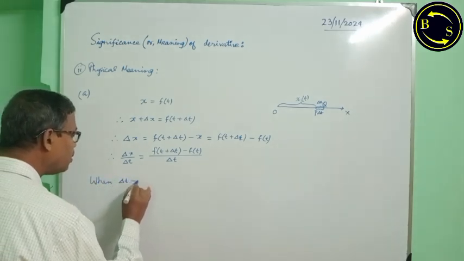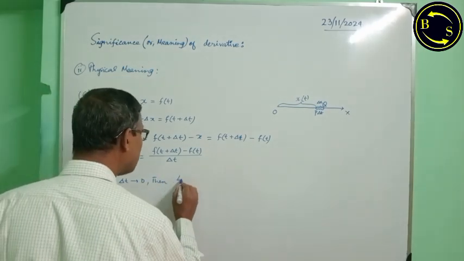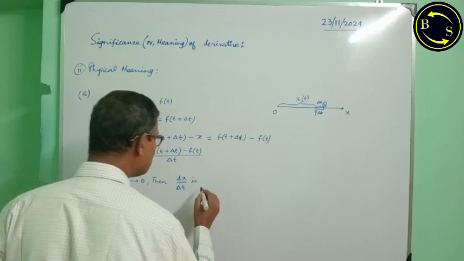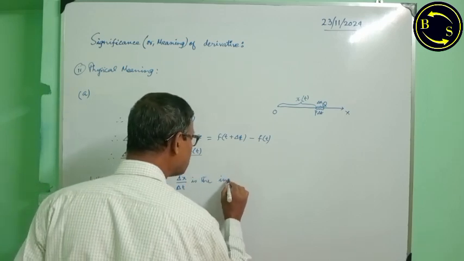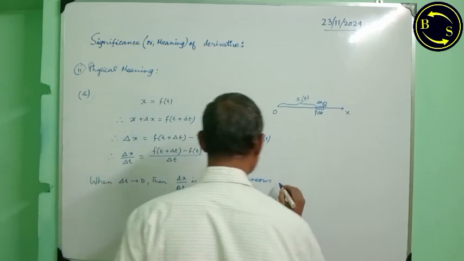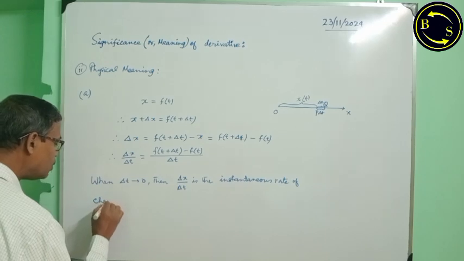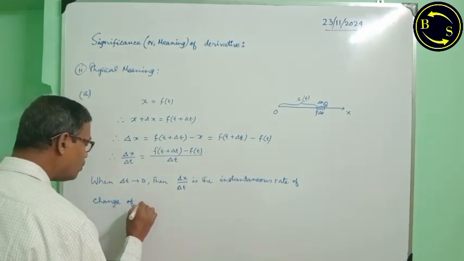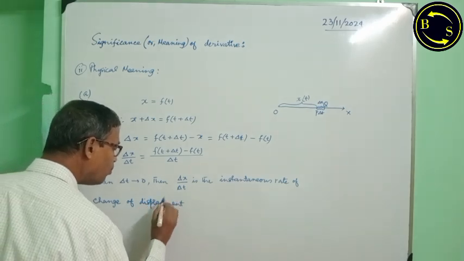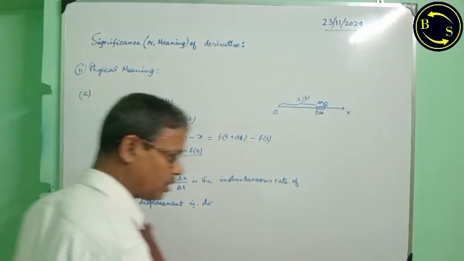delta t tends to 0, then delta x by delta t is the instantaneous rate of change of displacement, that is velocity.